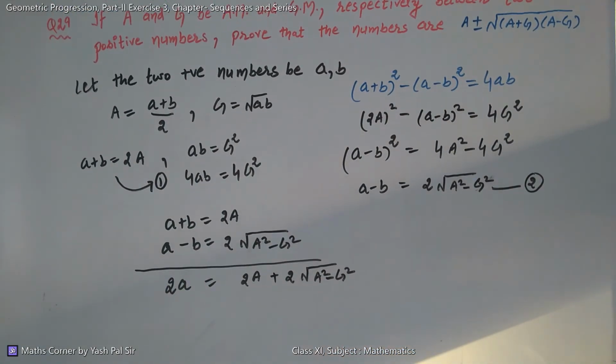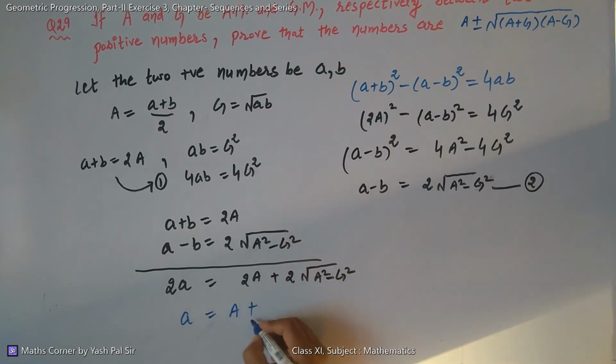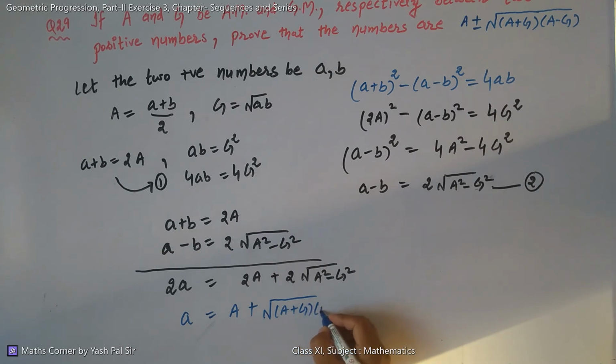So from this we have the value of a is a plus square root of a plus g into a minus g. So one number we have obtained.